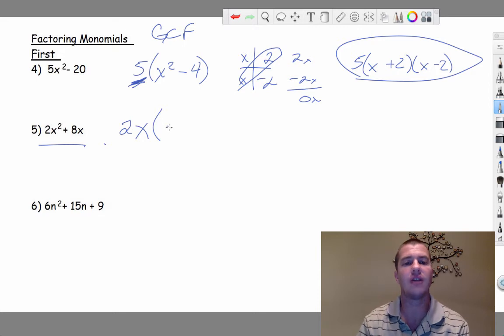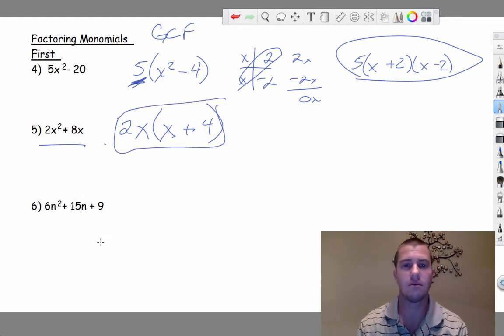The x squared, I took 1x out, so I'm just left with that 1x there. Plus 8 divided by the 2, because I factored the 2 out, that becomes a 4. And I factored this x out, so there's no x left over. And now this isn't a quadratic anymore. I'm done right there. Okay? These can be really easy, but you have to recognize what to do for them. So when it's a binomial, it's one of two options: a difference of squares, or you can factor an x out.